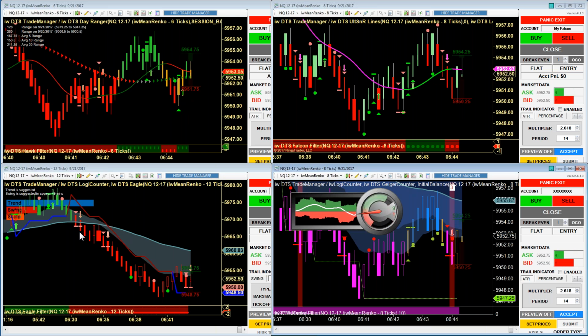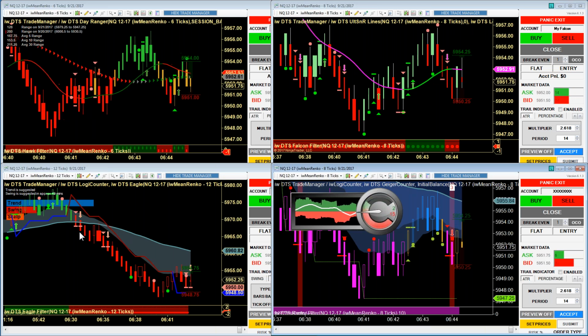So the buyer's trying to fight things back here a little bit. It looks like the 59.50 area is in fact going to be a reasonably strong support zone.